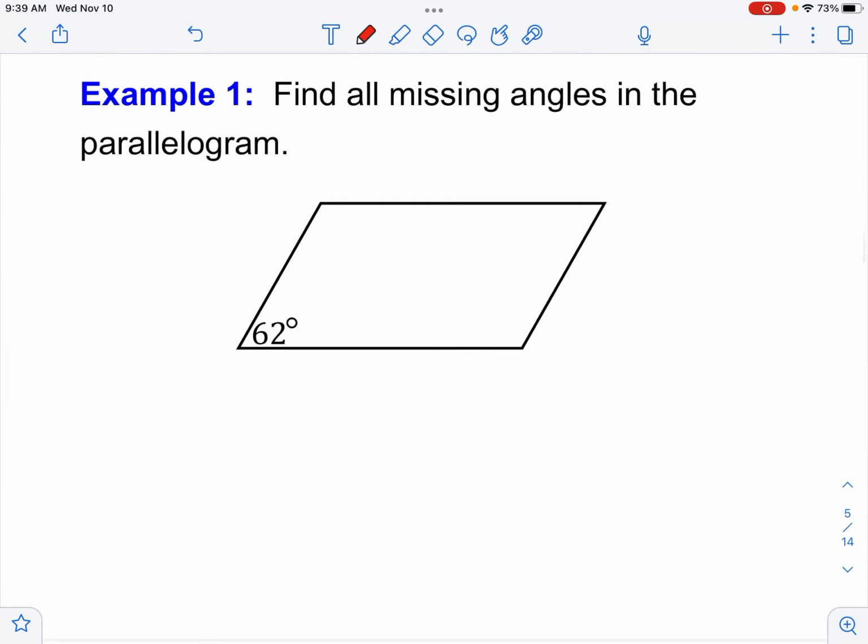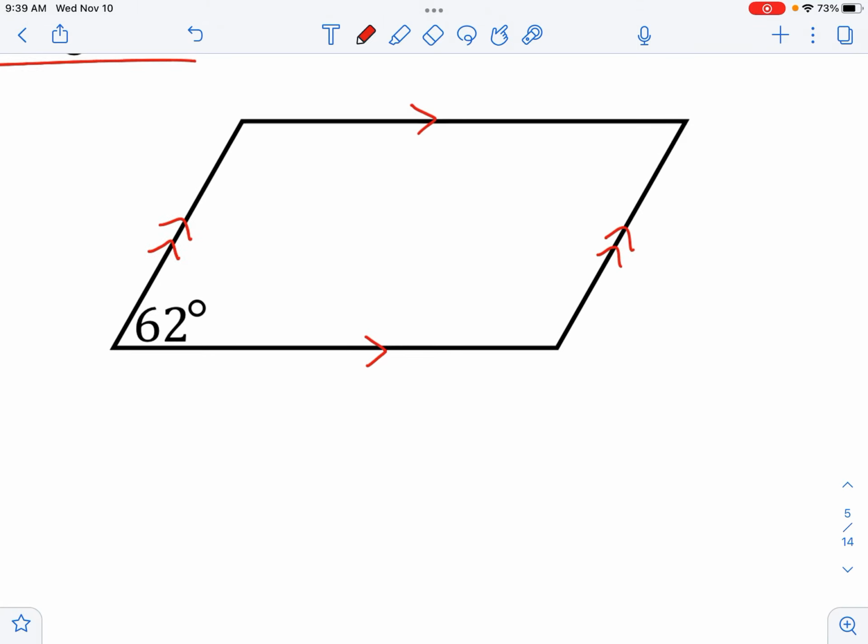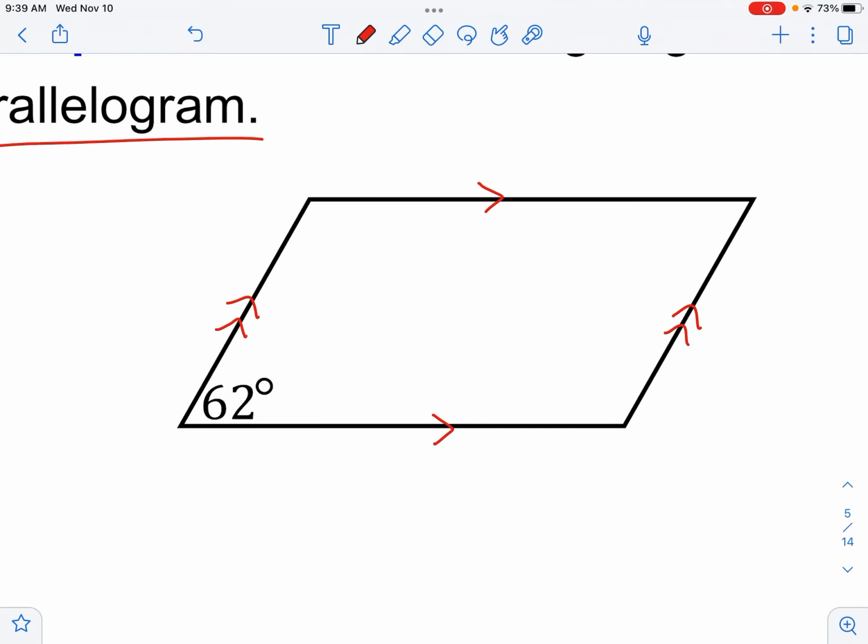All right, so our first example here says find all the missing angles in the parallelogram. Since it's a parallelogram, remember, I know that these 2 sides are parallel, and I know that these 2 sides are parallel. So let's find these angles. Let's start with this one right here, and I just picked one at random.